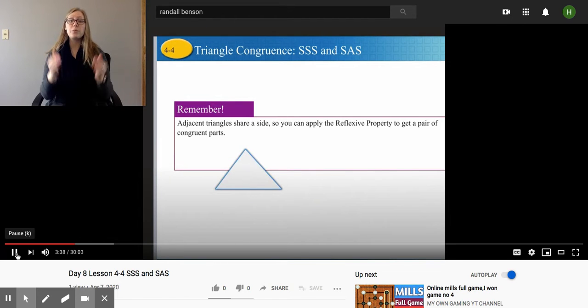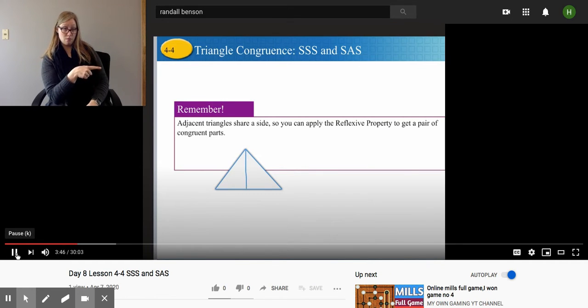So one important idea is that many times when you're solving these problems, you have a triangle and there's a line segment that splits it into 2 smaller triangles. Keep in mind that those 2 smaller triangles now share a side that is the same length as itself, of course, because if this is side AB, well, AB is in both triangles.